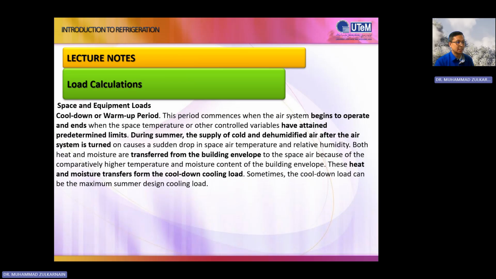During summer, the supply of cool and dehumidified air after the air system is turned on causes a sudden drop in space air temperature and relative humidity. Both heat and moisture are transferred from the building envelope to the space air because of the comparatively higher temperature and moisture content of the building envelope.